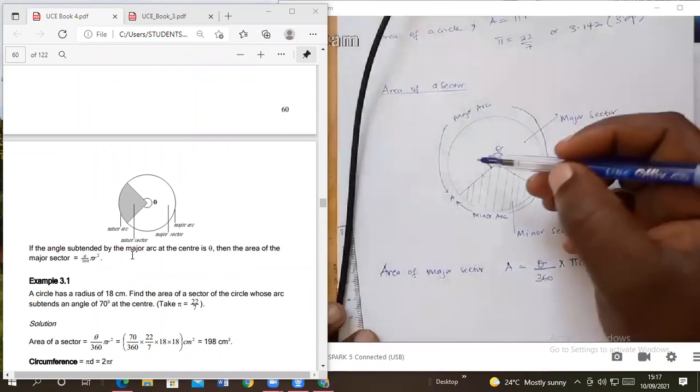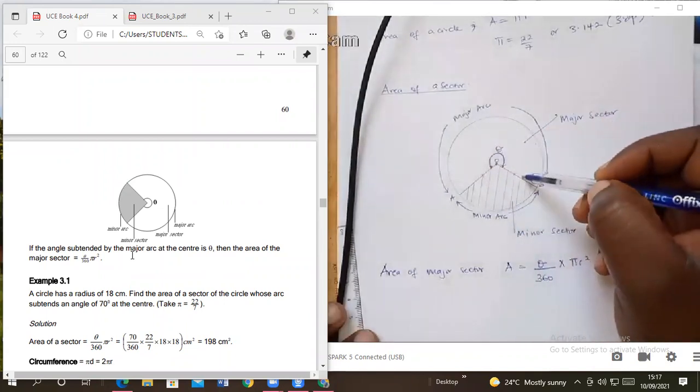That gives you the area of this part here, which is unshaded.